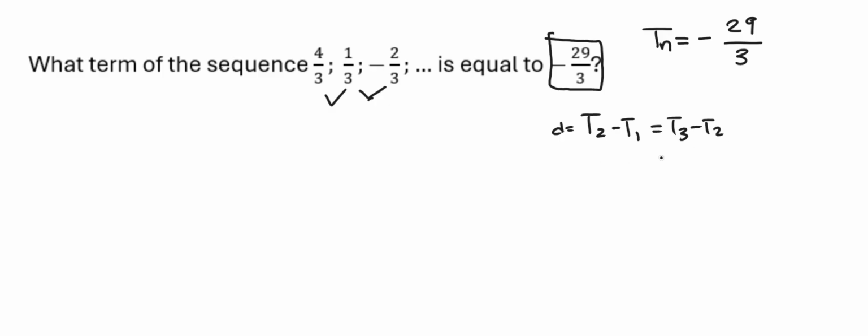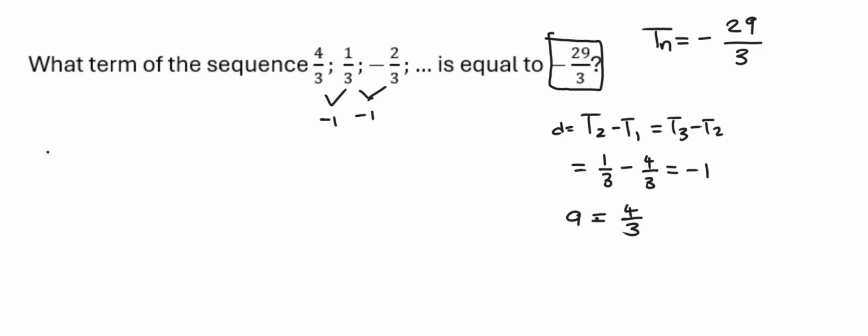So therefore now, when we are going to find the common difference, we're going to say 1 over 3 minus 4 over 3, which is going to give us a negative 1. So therefore that is our common difference, and we know our value of a is going to be equal to 4 over 3. So therefore now we can say that our difference is negative 1.